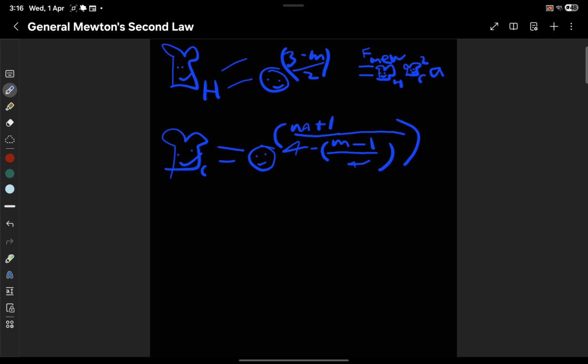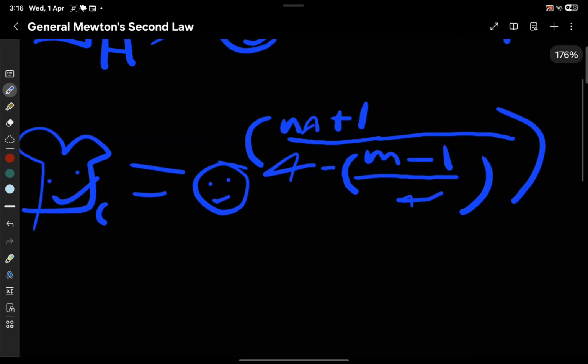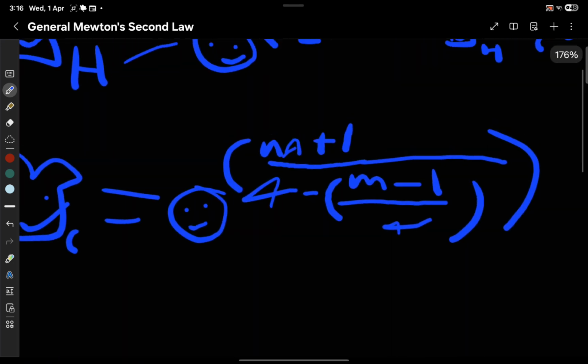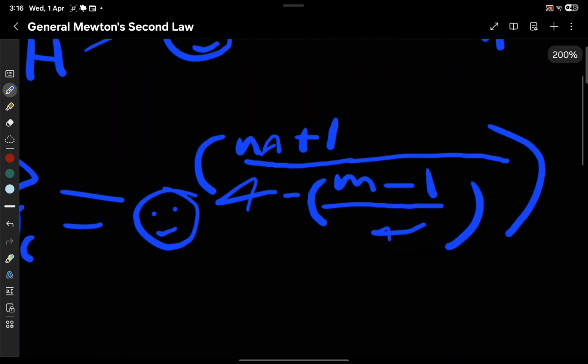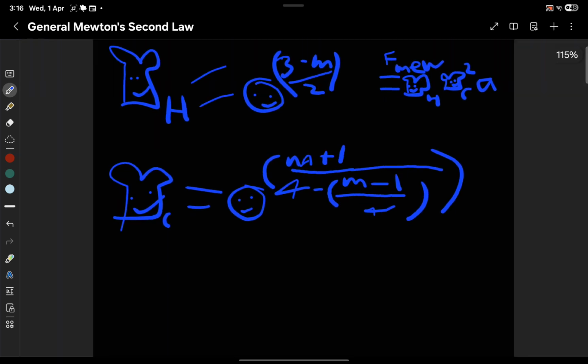Now this may look complicated, but it isn't. All we're doing is just inputting what mass is into this equation. So it isn't that complicated.